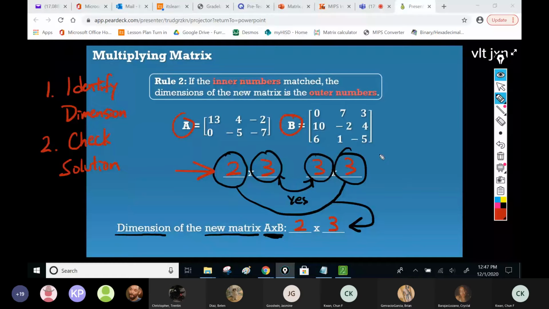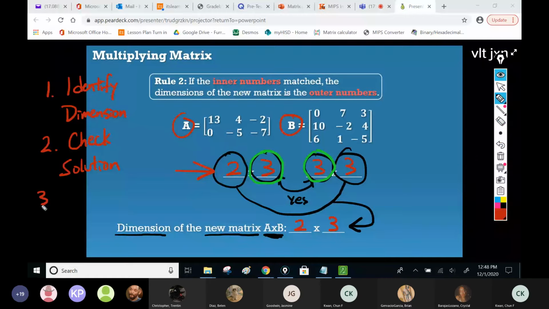You can't do it, so save yourself a lot of time. You check for a solution by looking at the inner numbers. They have to match.